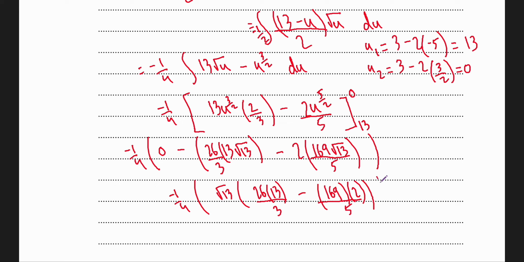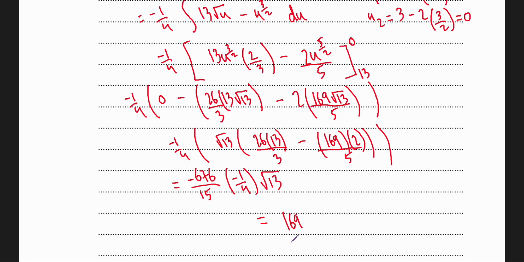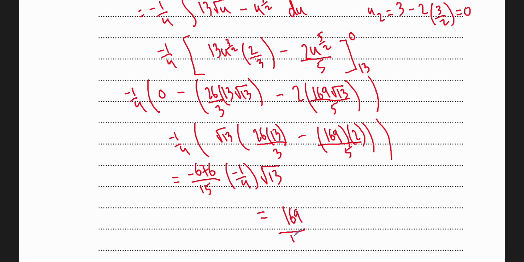Once you evaluate all of this, I'll just say the answer. You'll end up getting something like negative 676 over 15 times negative 1 over 4 square root 13. And once you simplify that, you'll end up getting 169 divided by 15 square root 13, which is in the form we want.